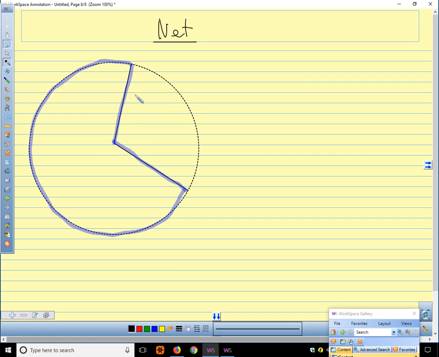And this length is the slant height. So the slant height is the radius of that circle that I used to make the lateral surface. So my slant height is L.